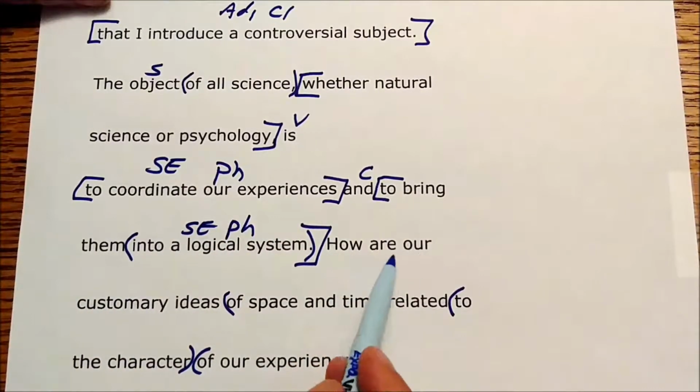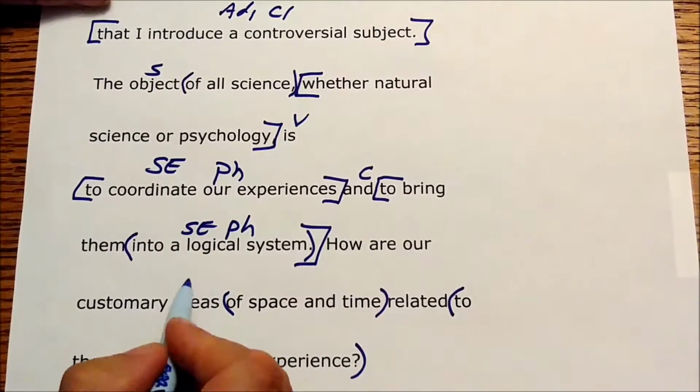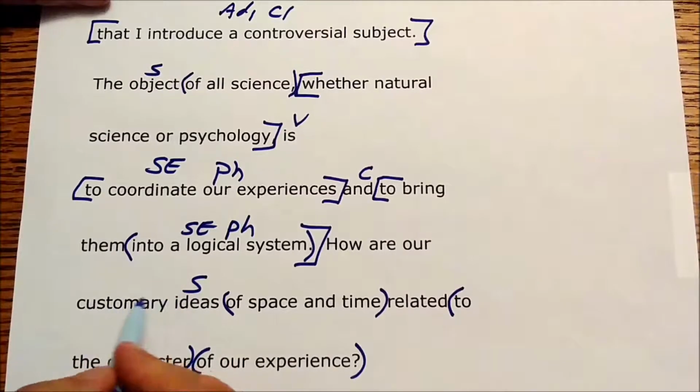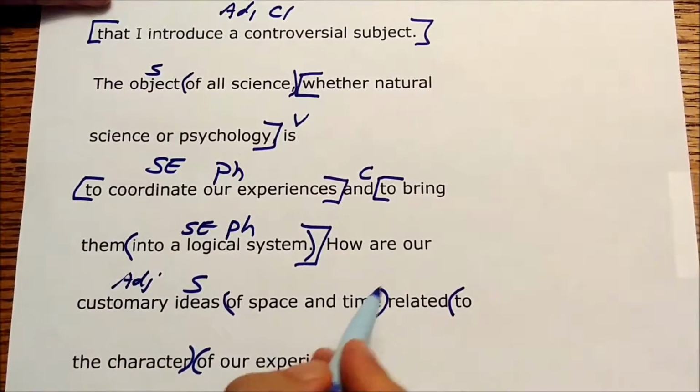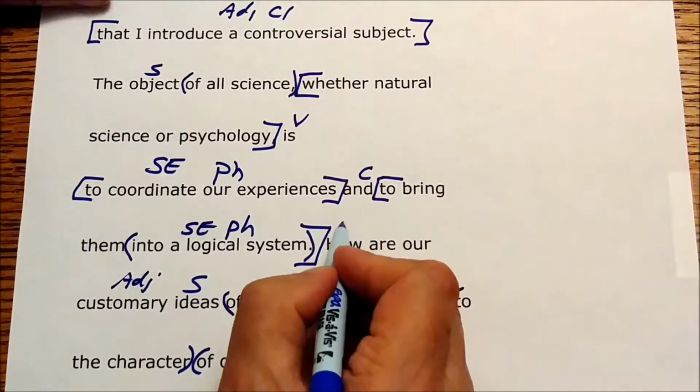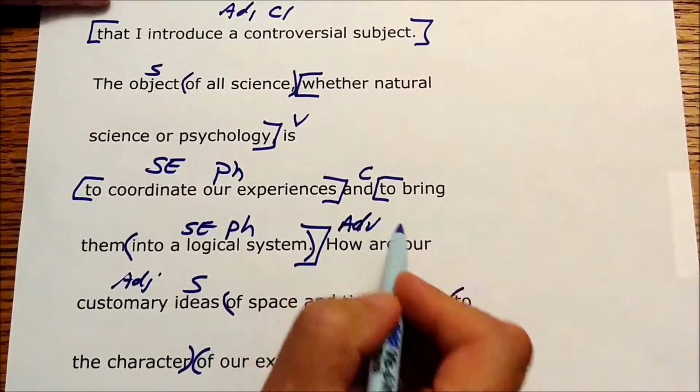So next sentence, how are our customary ideas related to the character of our experience? Okay. Subject, ideas. Customary describes ideas, so we have an adjective. How tells something about the verb, so it's an adverb.